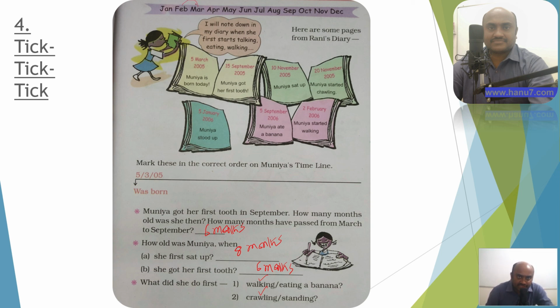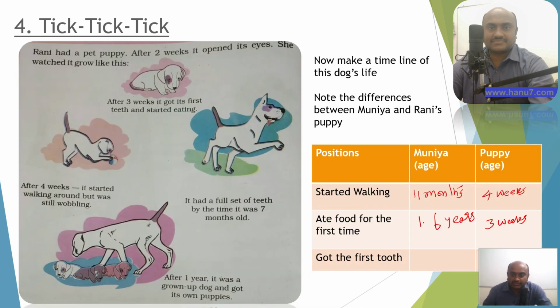From here to here it is 1 year. She celebrated her first birthday. Then next 1 month, 2 months, 3 months, 4 months, 5 months and 6 months. Okay, when did she start eating? In the month of September. So it is 1 year 6 months, or otherwise 1.6 years.